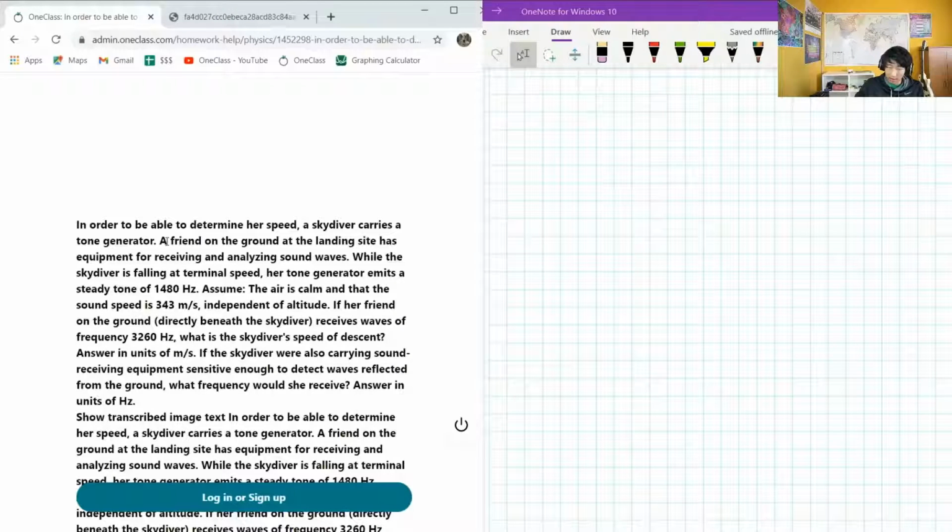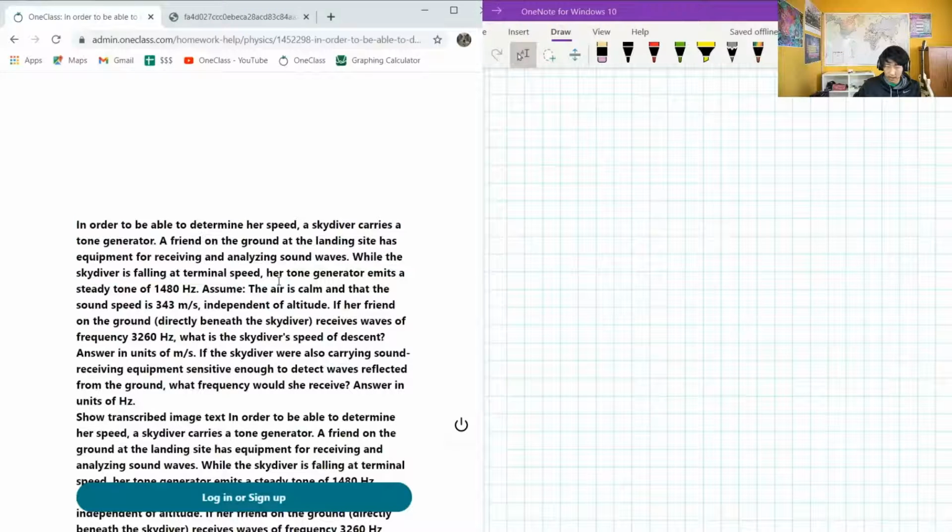The skydiver's friend, who's on the ground, has equipment for receiving the sound waves, and the skydiver is falling at terminal speed, which means that the skydiver is at a constant velocity. Terminal speed means you cannot be accelerated any further. That means the gravitational force is counteracted by the air resistance force that is pushing you upwards. So your velocity is constant, which is pretty important for this.